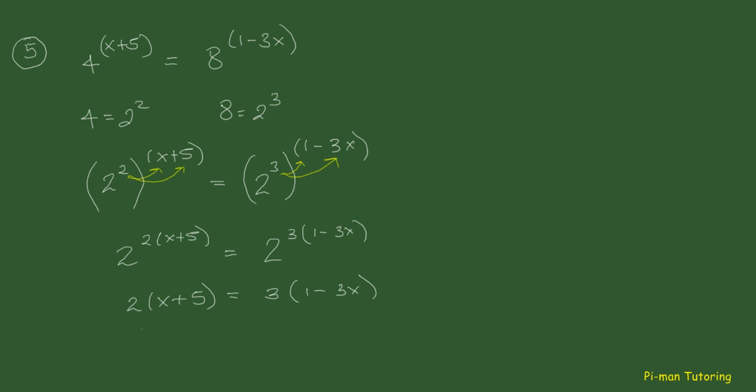Now I can expand. 2x plus 10 is equal to 3 minus 9x. Gather up the like terms. I've got 11x on the left side, and I've got minus 7 on the right side. So x is equal to minus 7 divided by 11.